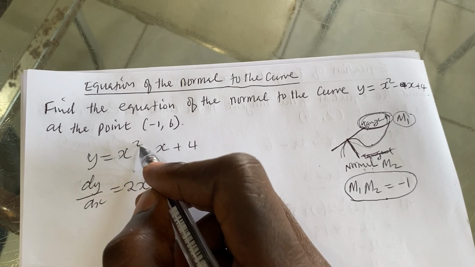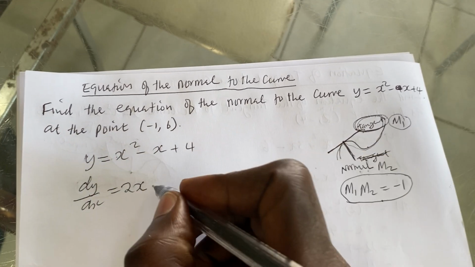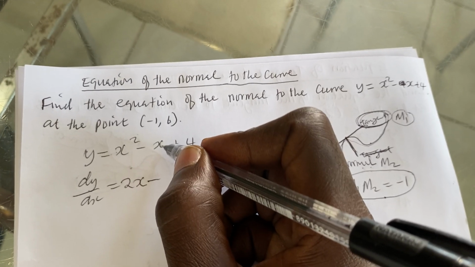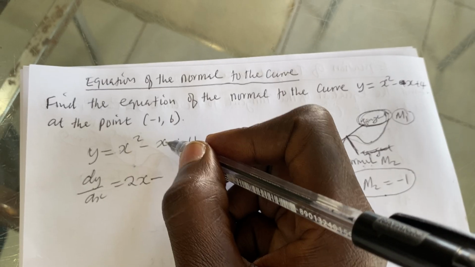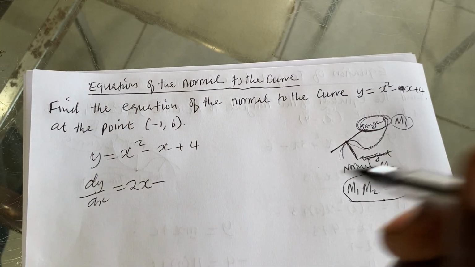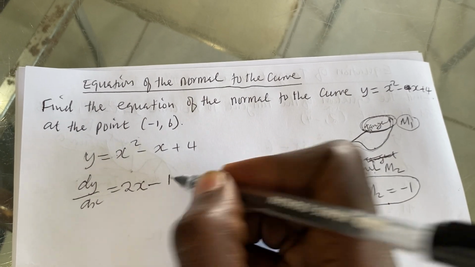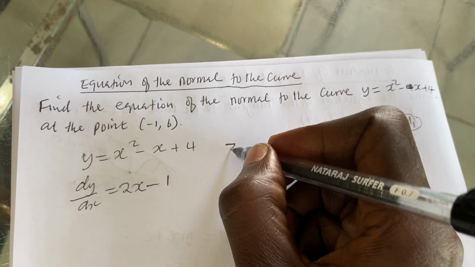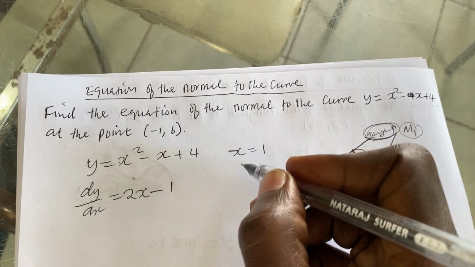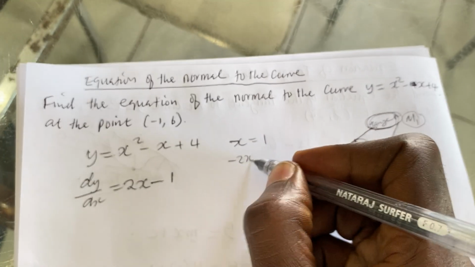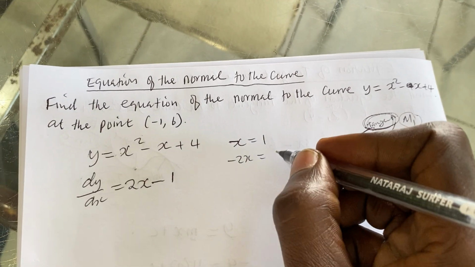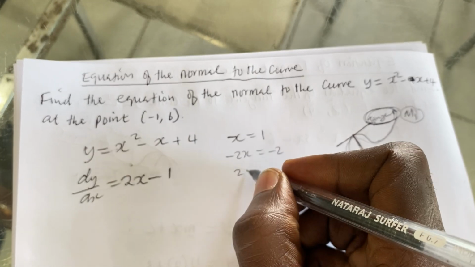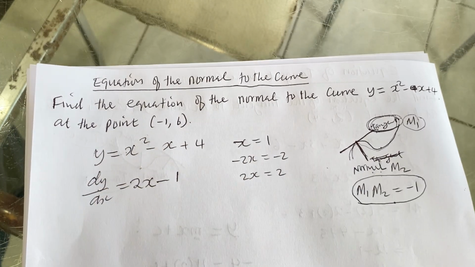Then subtract 1 from the power, which is 2, giving 1. Then minus x: the dy/dx of x is 1. The dy/dx of the constant 4 is 0. So the dy/dx of 2x is just 2.